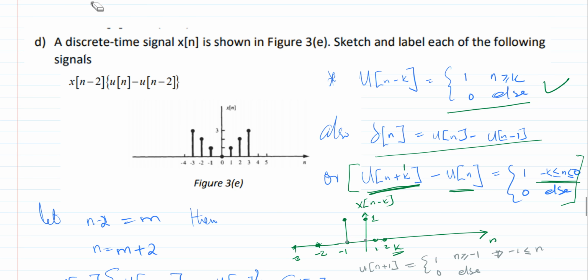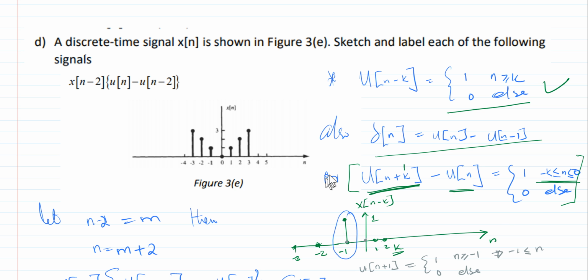I just probably forgot to remove this one as well. Sorry. I also need to remove the one that is represented by u of 0, which is that one. Therefore, we are only left with this 1 alone, because the ones starting from 0 all the way towards infinity have been subtracted.